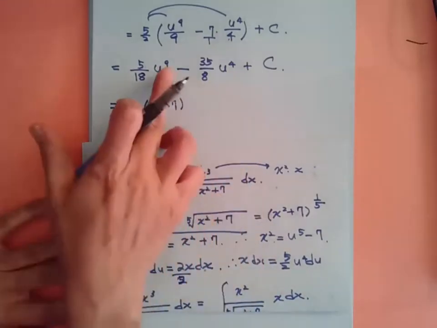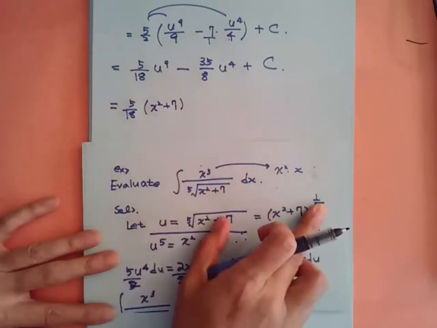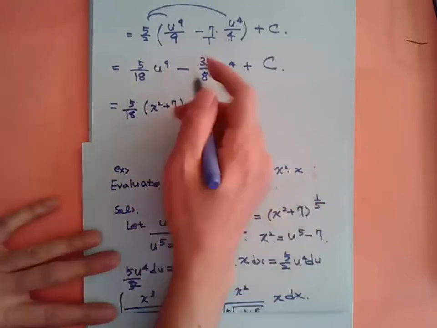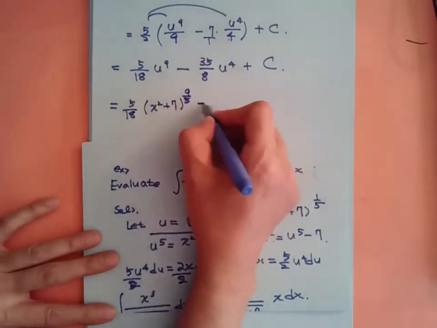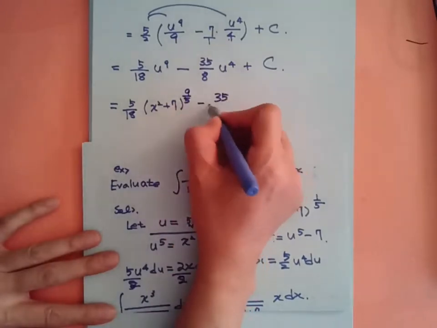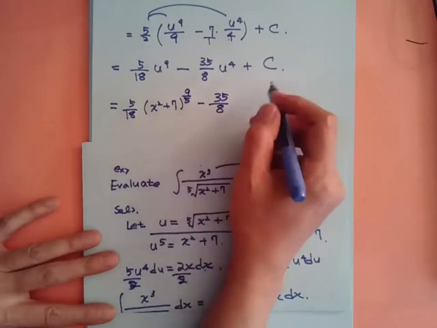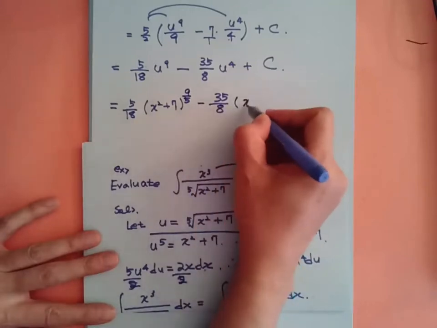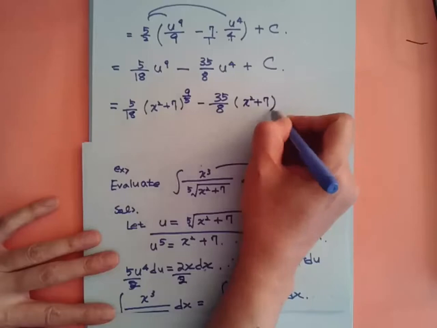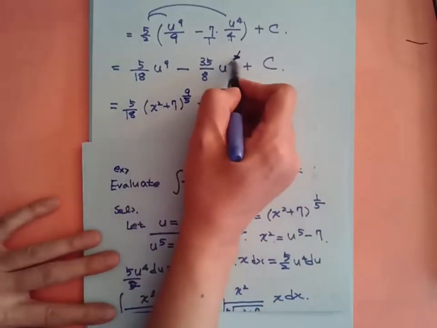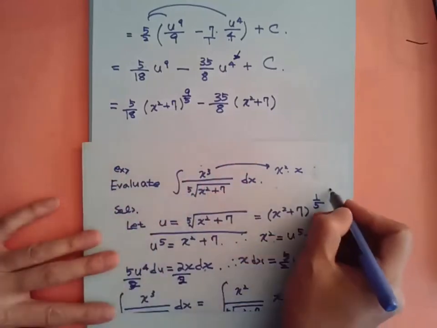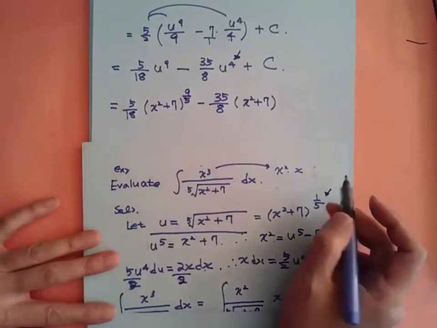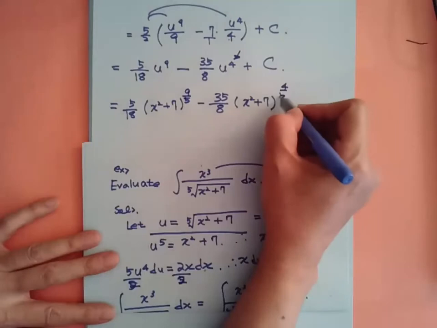When we multiply the exponents, we get 9/5 as exponent, minus 35/8, and x was x squared plus 7. This is the power. 4 times power 1/5 will make 4/5 plus c.